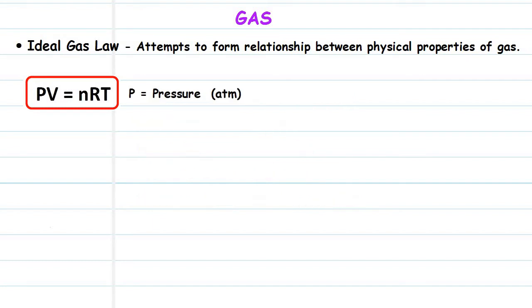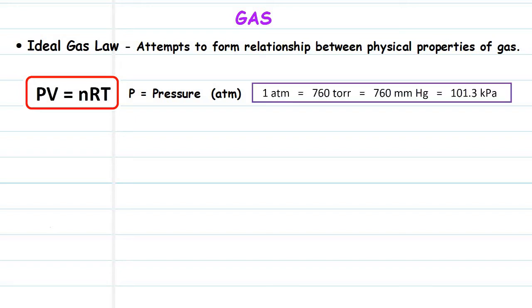Pressure in ATM. Sometimes the exam might not give you the pressure in ATM, but in different units, and you need to know how to convert it. 1 ATM equals 760 torr, 760 millimeters of mercury, or 101.3 kilopascals.